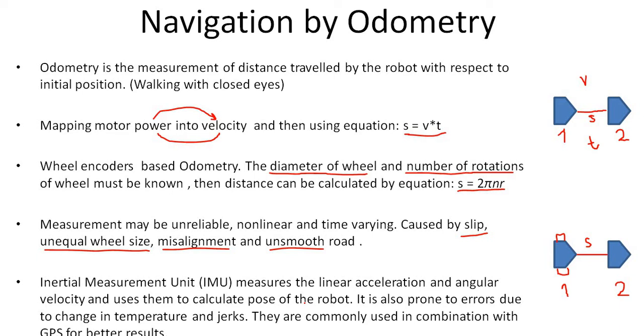From the previous lecture, we know that in the IMU sensor there is an accelerometer that can measure the acceleration, and a gyroscope that can measure the angular velocity. So using these two sensors, we can calculate the linear acceleration and angular velocity of the robot.